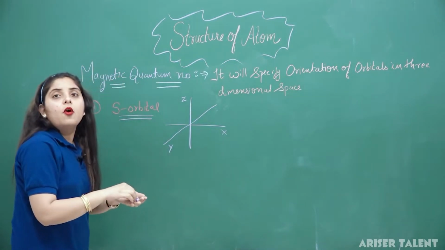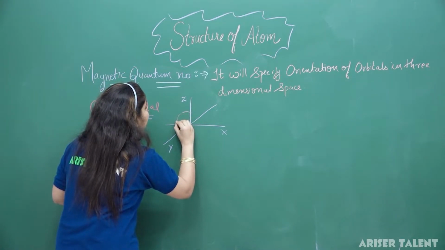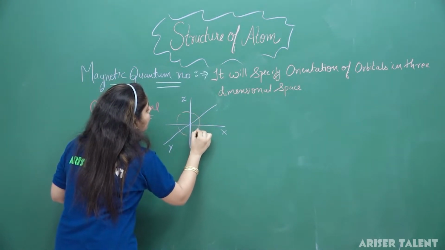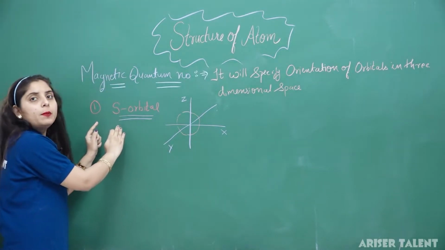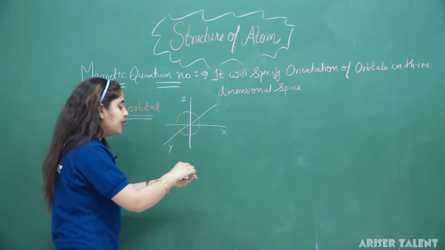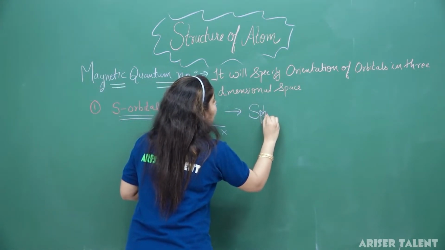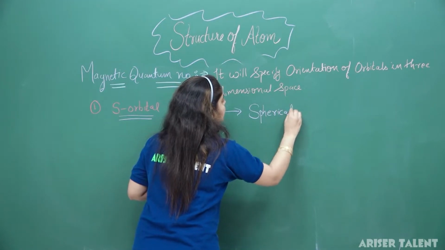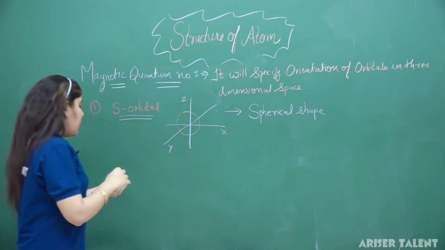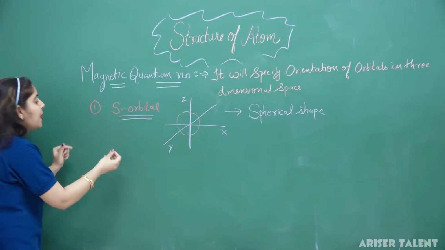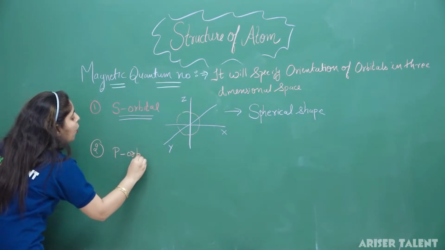On calculating the orbital of the atom, the shape comes out to be a sphere. So we can say that the s orbital has a spherical shape. Now proceeding to our next figure, we will consider the p orbital.